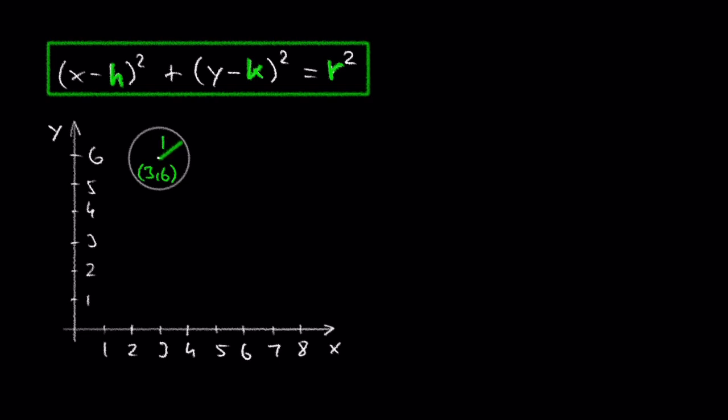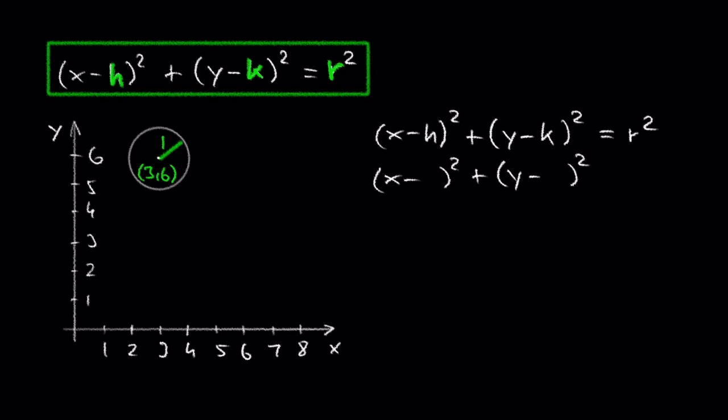The next step is to write down the standard equation of a circle and plug in the 3 and 6 for h and k and 1 for the radius r.